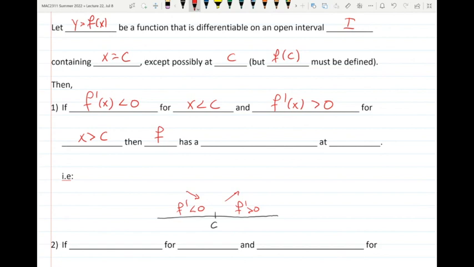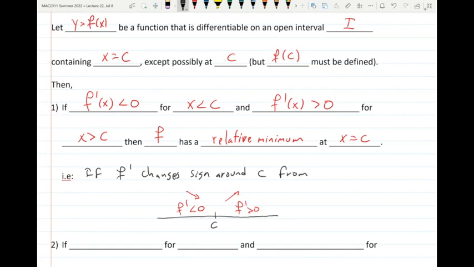So that means that we're going to have a relative minimum at x equals c. In other words, this happens if f prime changes sign around c from negative to positive.